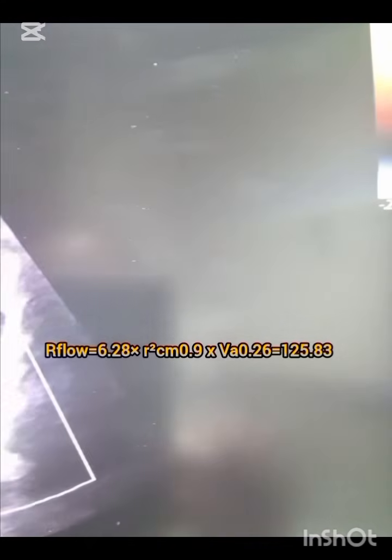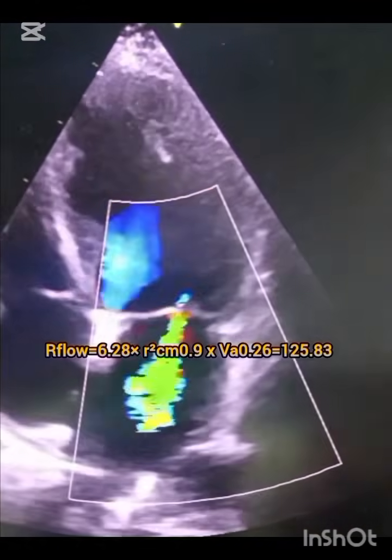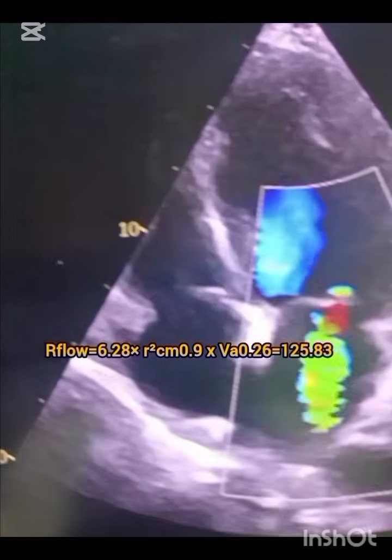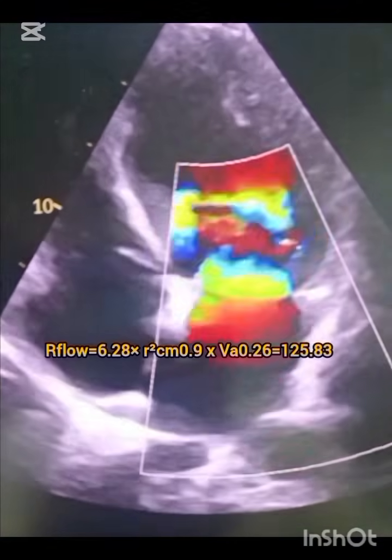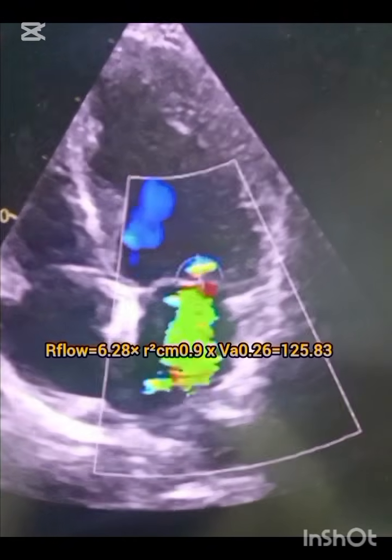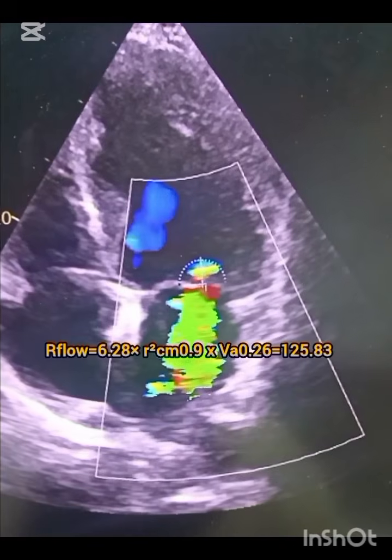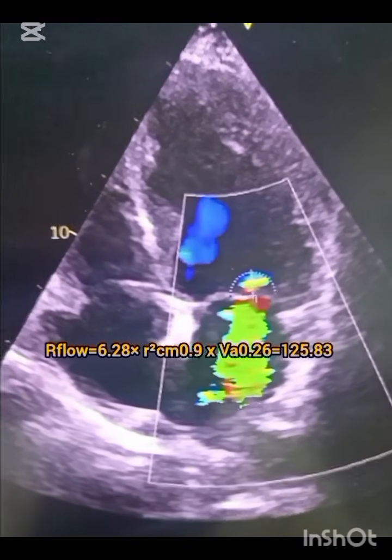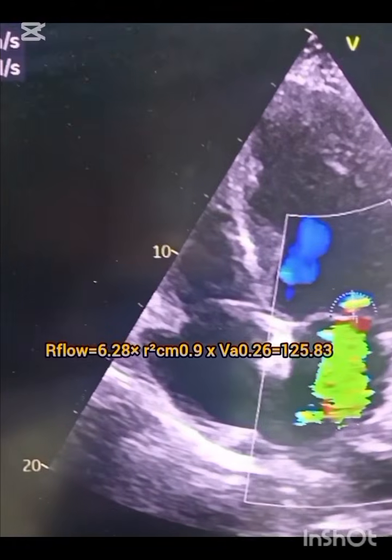Here it is 26 centimeter. Then measure the radius as I did and calculate the regurgitant flow as you see in the video.